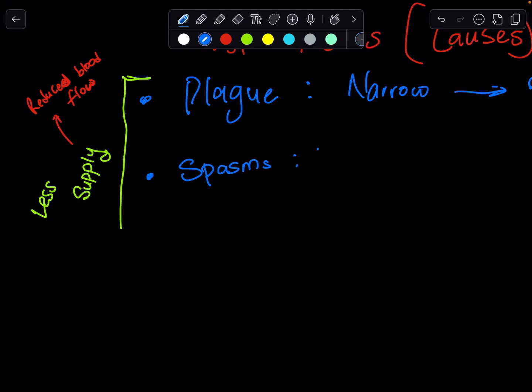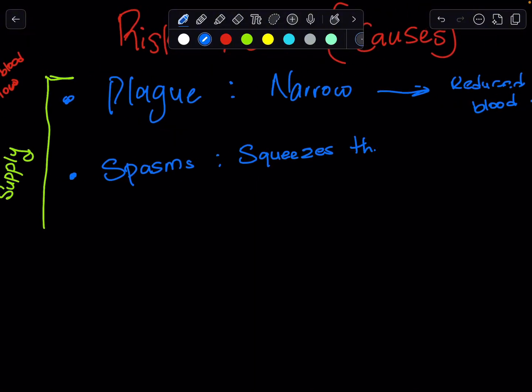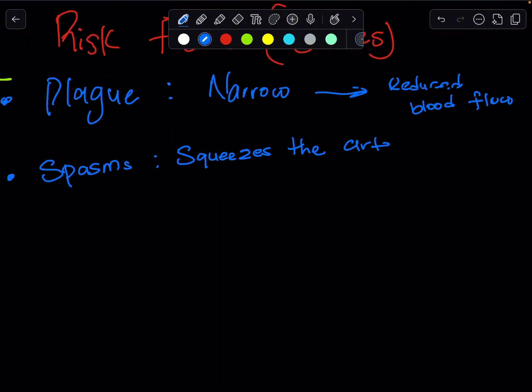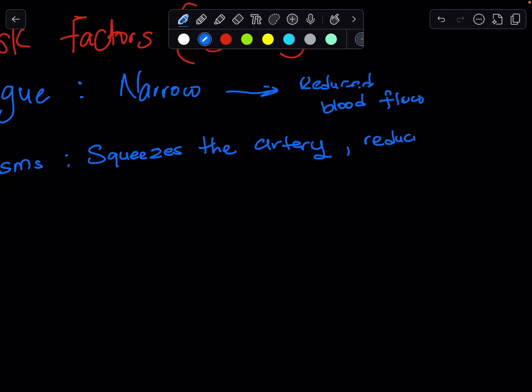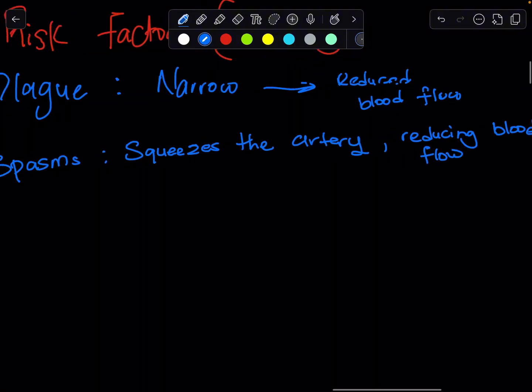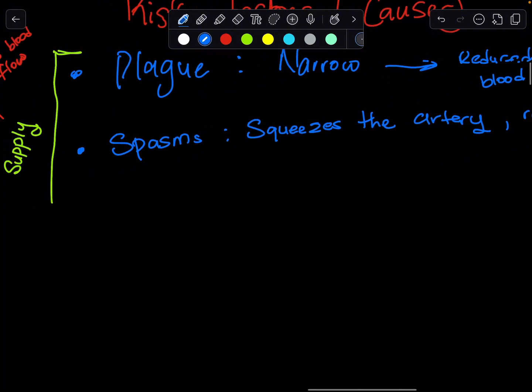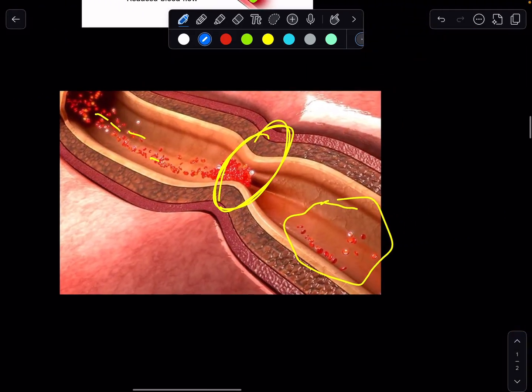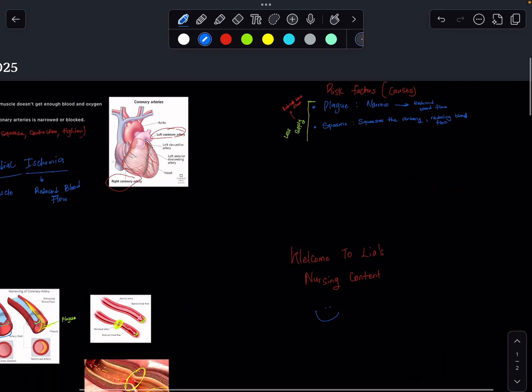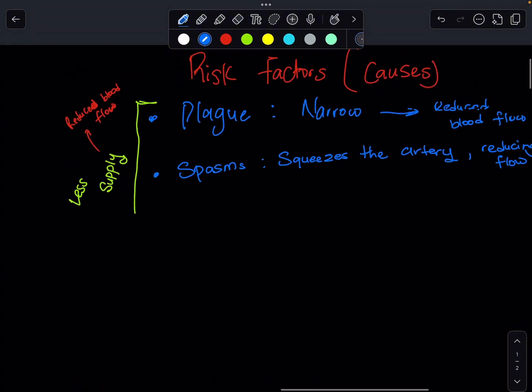Because it squeezes the arteries, the coronary artery, reducing blood flow. We know it just spasms, squeezes, and we see it right here. So it reduces blood flow, right? That's pretty much how.